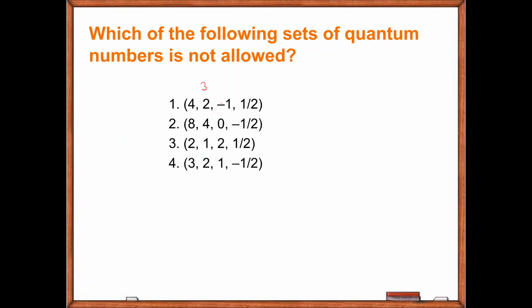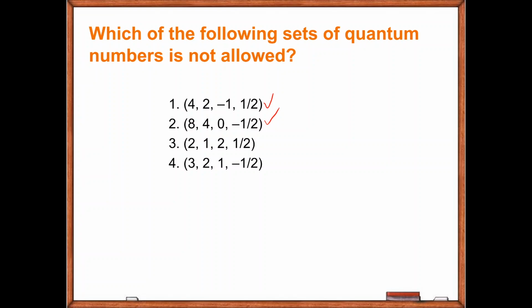This is 2. So minus 1 is perfectly fine. Then we have spin 1/2. Okay, so this one's good. Okay, 8, no problem. Okay, 4, so that's less than 8. That's no big deal. Okay, 0 is definitely possible. Okay, then minus 1/2, that's possible.